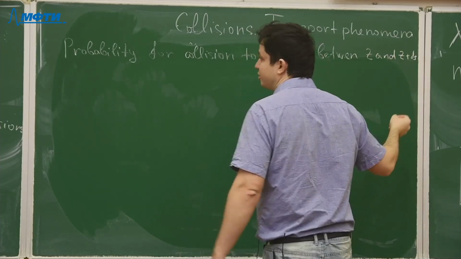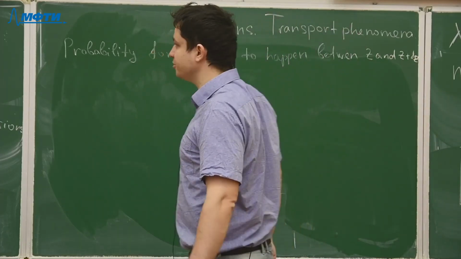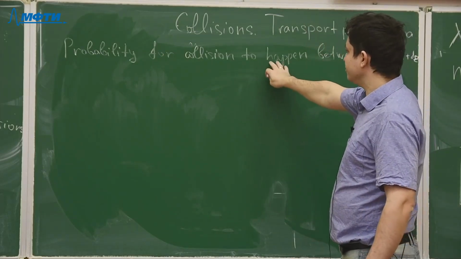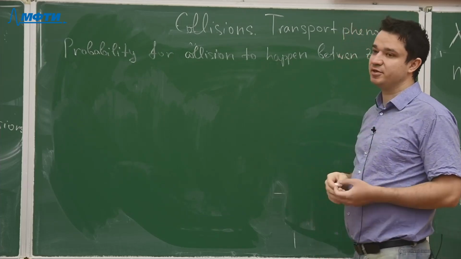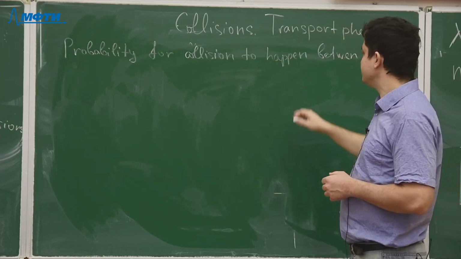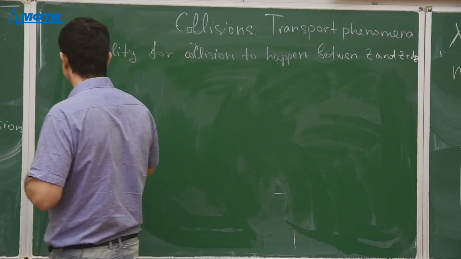This is actually the meaning of the function we want to find for the probability distribution of free paths, because if the collision happens in between z and z plus dz, that means for that particular molecule, the free path is in between z and z plus dz. And how can we determine that?